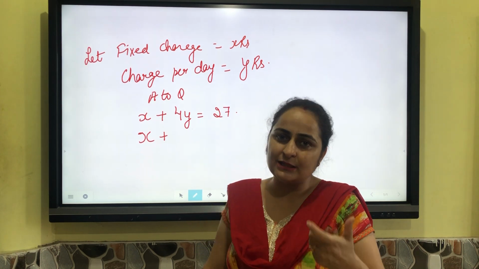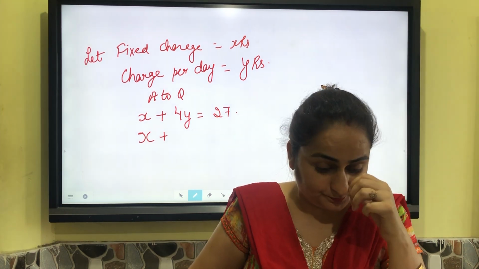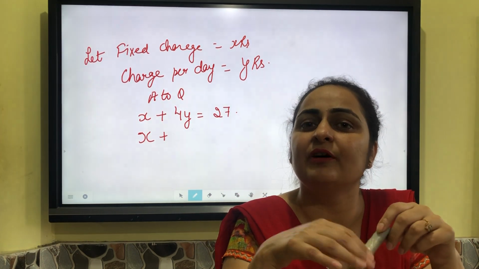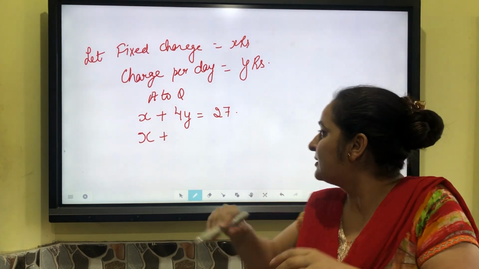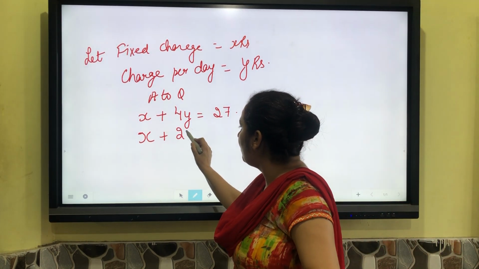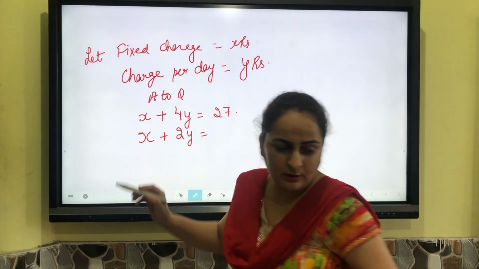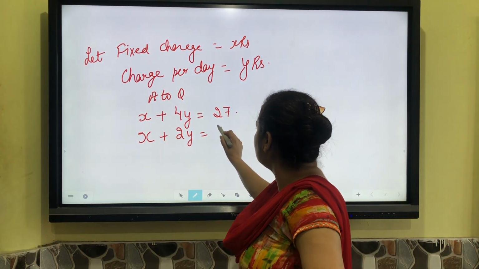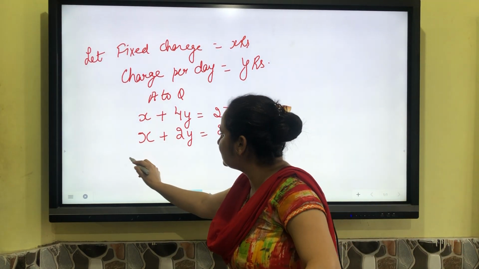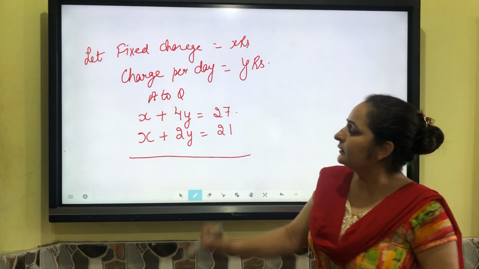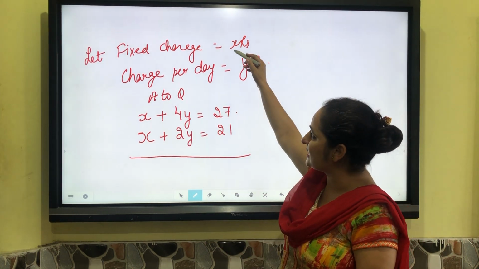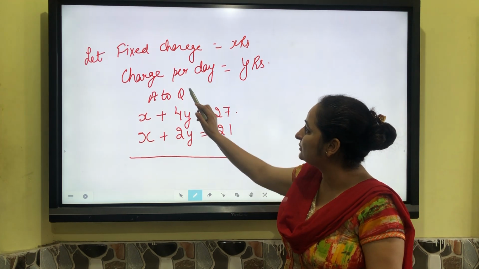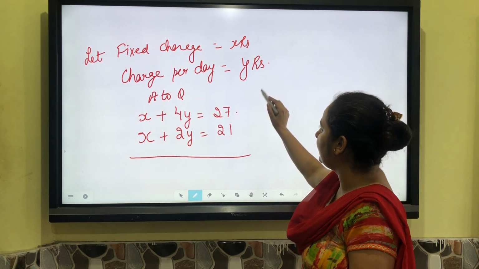And how much money had she given for the next 2 days? She had given only 2y, which is equal to 21. Now solve this equation by yourself again. The value of x is called the fixed charge and the value of y is called the charge per day.